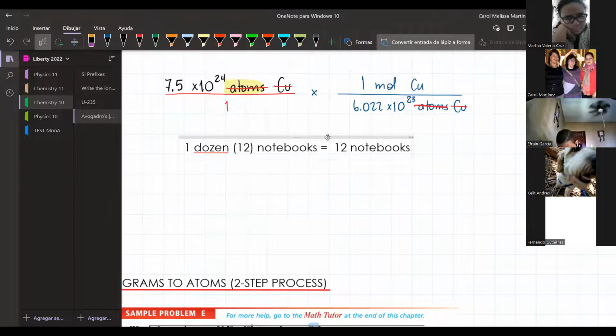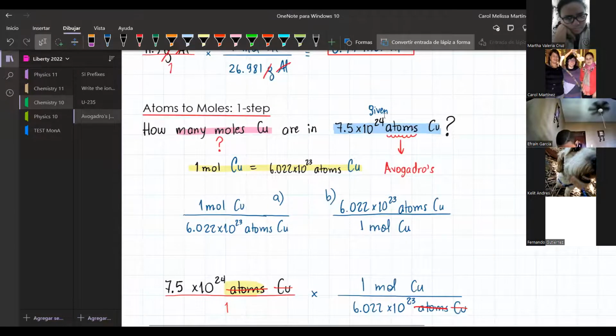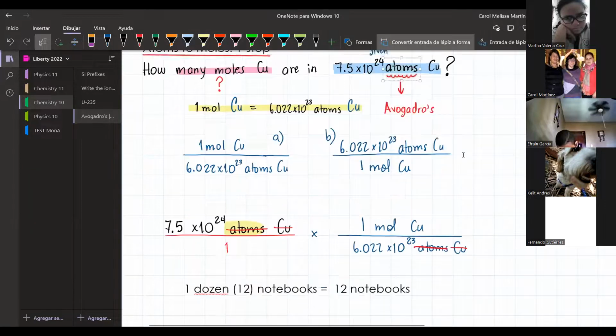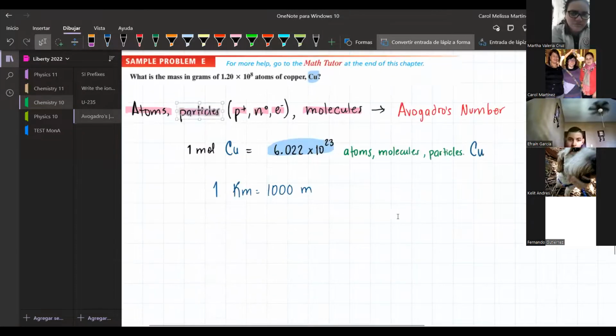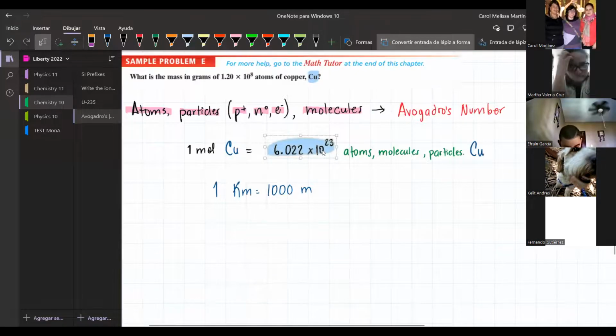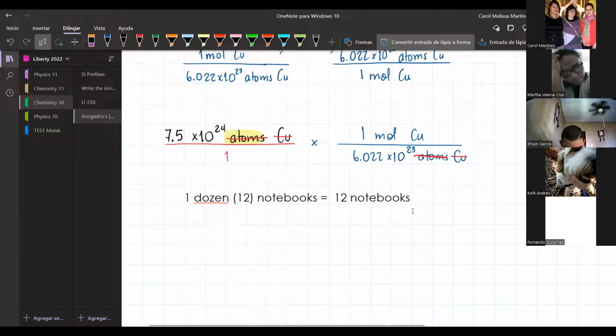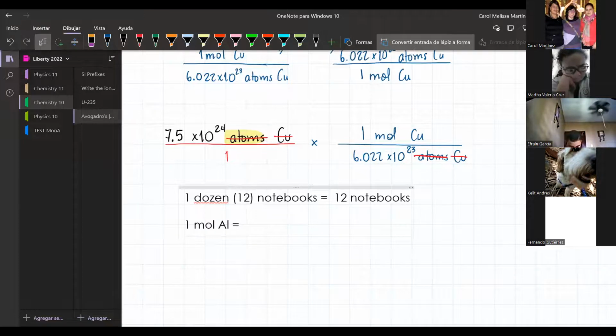In the case of atoms, the words atoms, particles, or molecules all represent Avogadro's number. For example, 1 dozen of notebooks are 12 notebooks, but 1 mole of a substance, let's call that substance aluminum, is always going to have 6.022 times 10 to the 23rd power. It's a given.